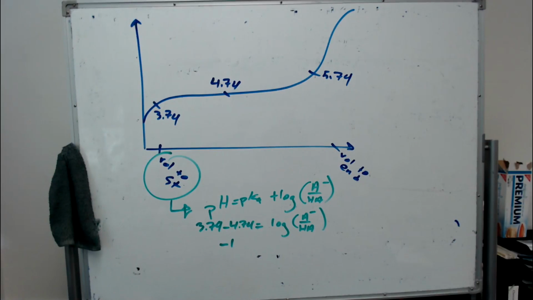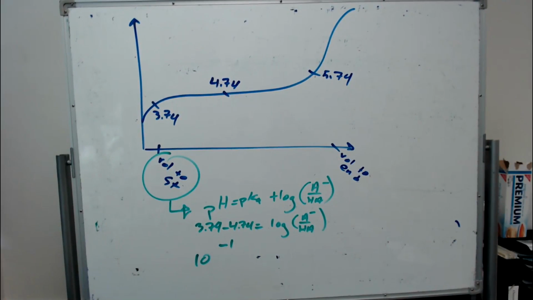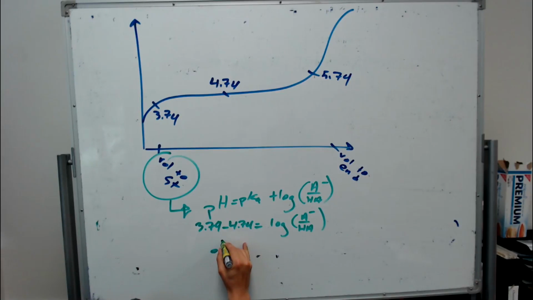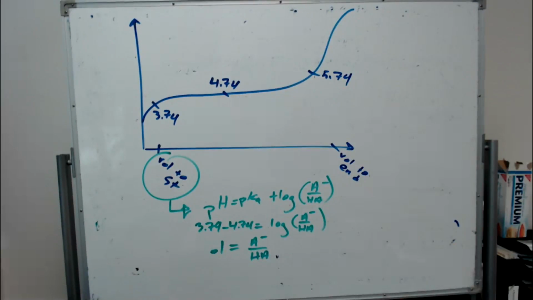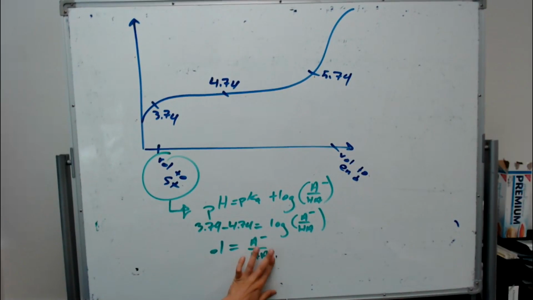Negative 1. 10 to the power of negative 1? Oh, you can do that. 0.1. One tenth. 0.1 equals A minus over HA. Yeah, do that in our head. So that is at the beginning.